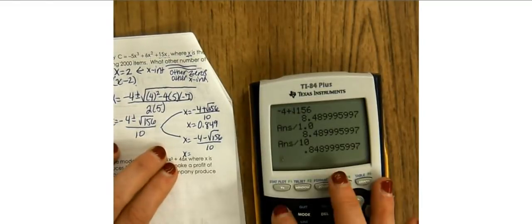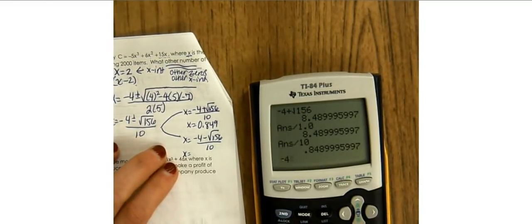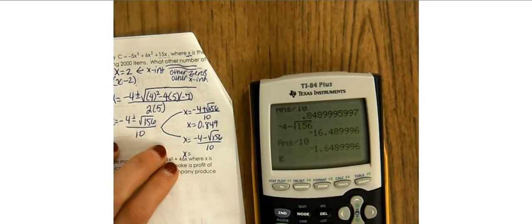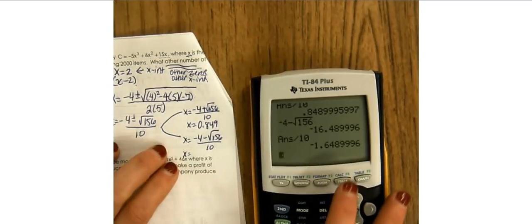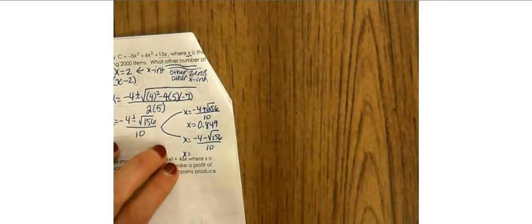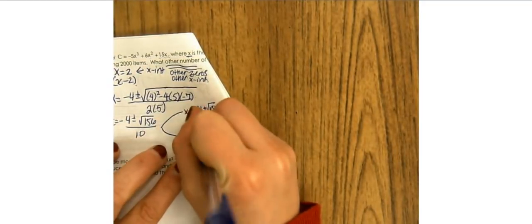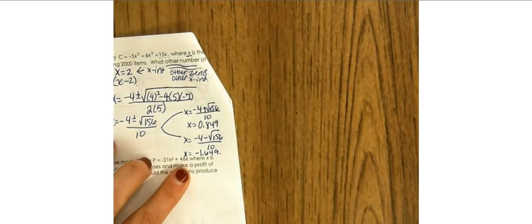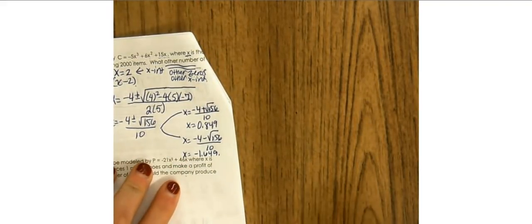And now I'm going to enter negative 4 minus the square root of 156, come up with an answer, and then divide that by 10, and end up with negative 1.649. Well, since we're talking about number of items produced, the negative answer doesn't make any sense.